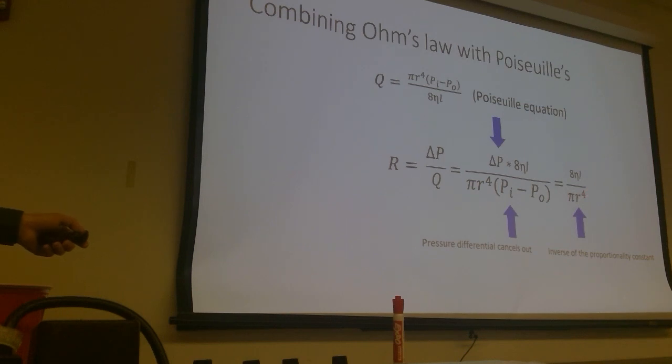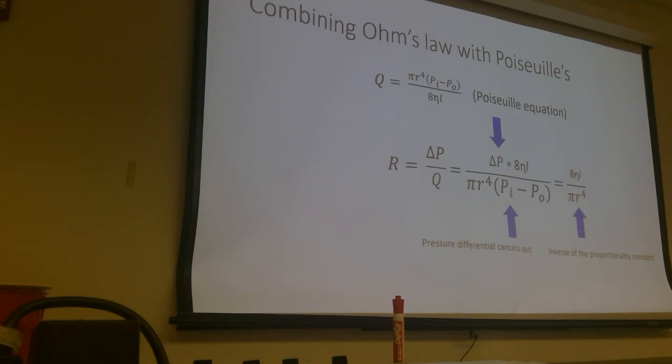The important part here is the power of 4 relationship. So if I reduce the diameter by half, how much do I increase the resistance? 16, right? 2 to the 4 gives us 16, right? So if it's 1/2, that 2 to the 4 means it's going to be 16 times more resistant.